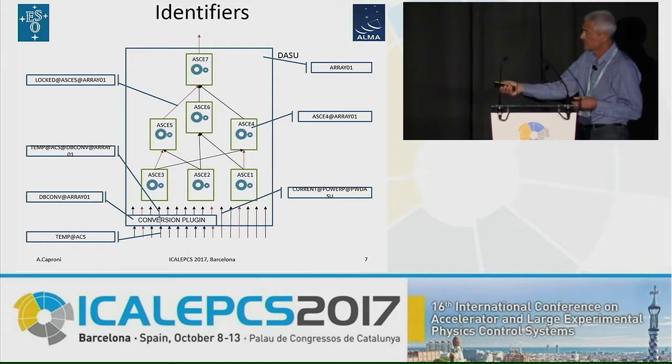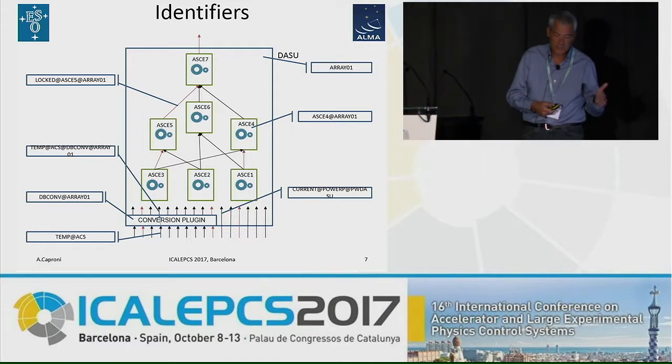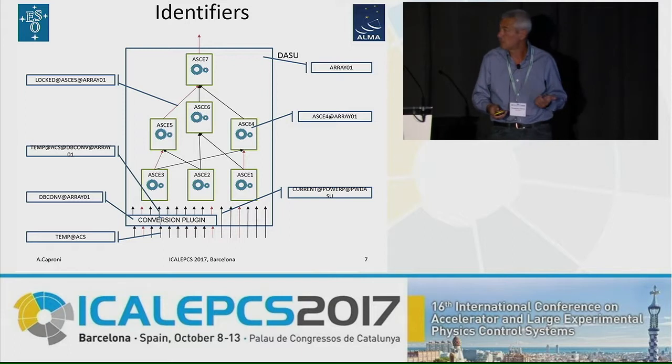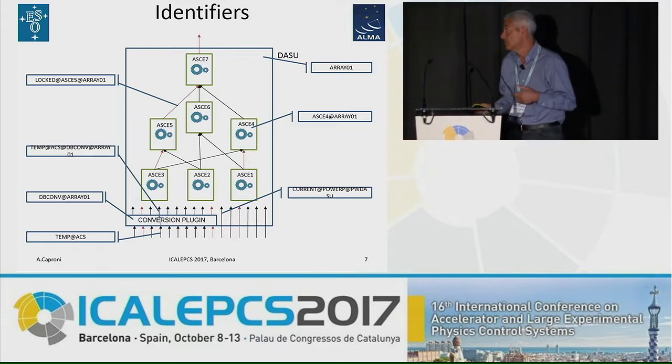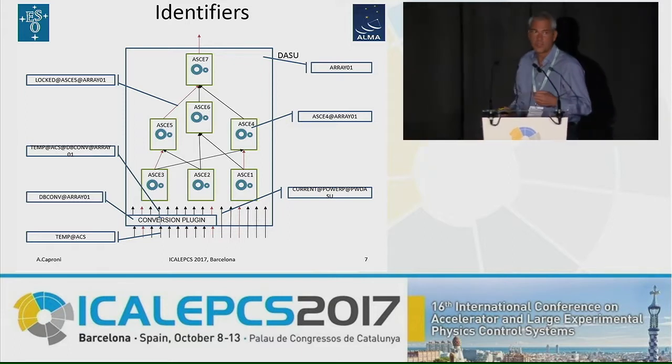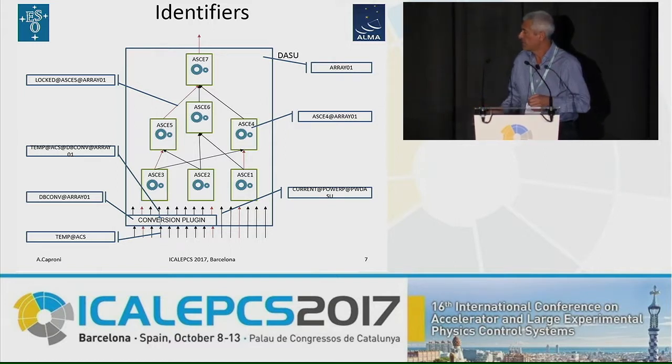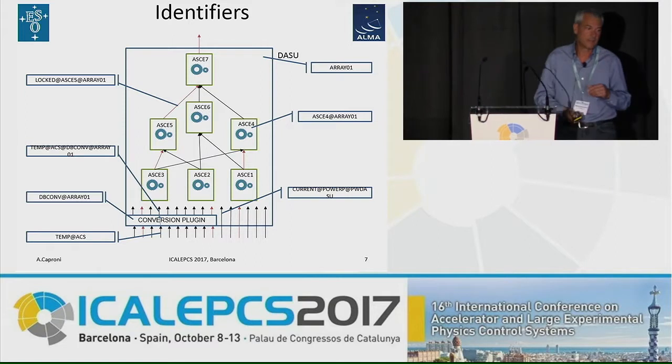If you see this last one, for example, it says that the temperature that has been generated by ACS somewhere is being converted by the dB conversion, and is now available in the system. This allows us to easily debug the system because, given an item, we can know exactly which part of our alarm system has dealt with it.